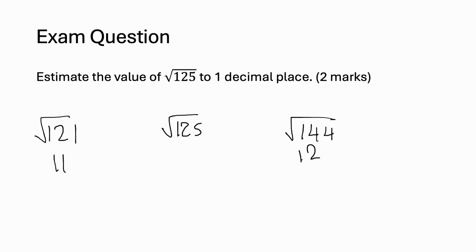We can see that it's closer to this side than the right hand side. So that means our number is going to be closer to the 11 side than the 12 side. So using that judgment, we can estimate that it is going to be roughly 11.2. Or you can say 11.1. Either or, you would get the marks for that.